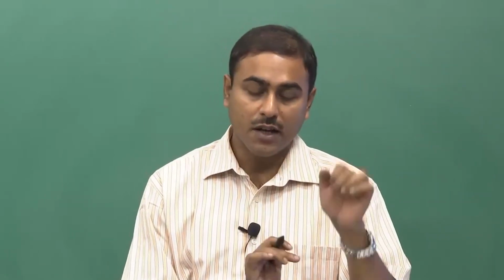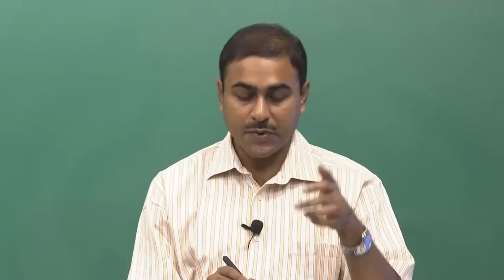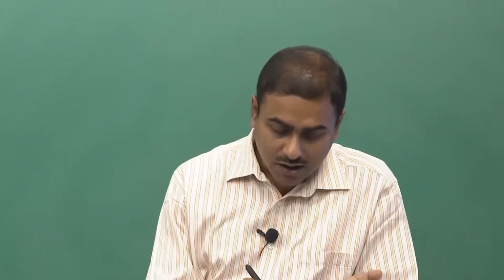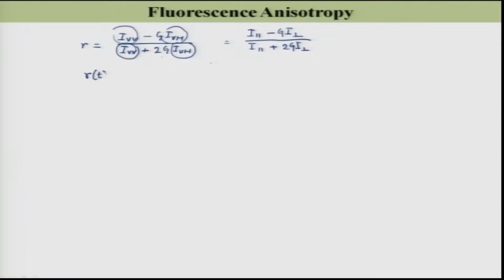So, if I want to measure the time dependency, and I change to the CW mode, now I want to again come back to the time dependency, right. This equation R equal to I parallel minus G I perpendicular over I parallel plus 2 G I perpendicular, I can simply write as a function of time. So, R will be a function of time, I parallel will be a function of time, minus G, which is not a function of time.